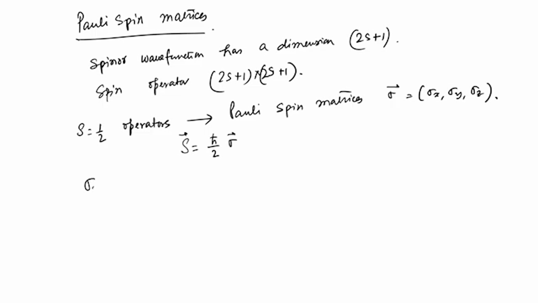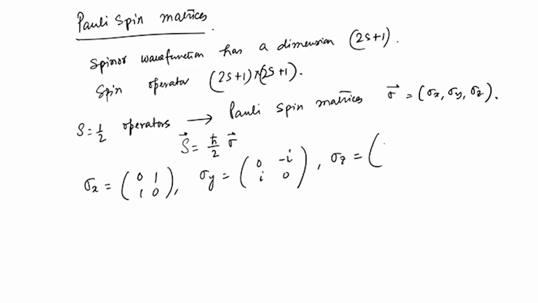The three Pauli spin matrices are: sigma x equal to 0, 1, 1, 0; sigma y equal to 0, minus i, i, 0; and sigma z, which is diagonal, 1, 0, 0, minus 1. Whichever you take, they have certain common properties. One is that the eigenvalues of each of them are plus minus 1.